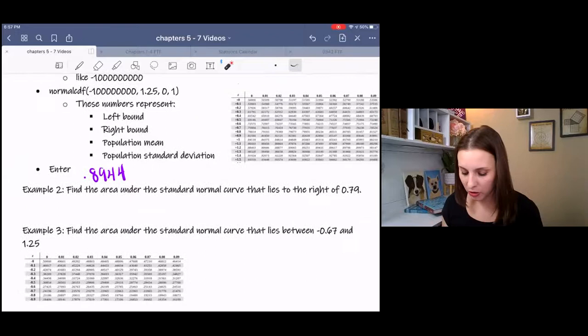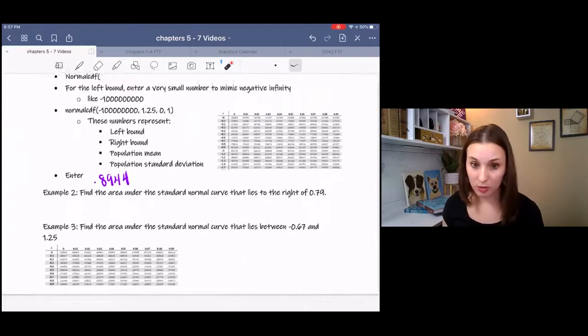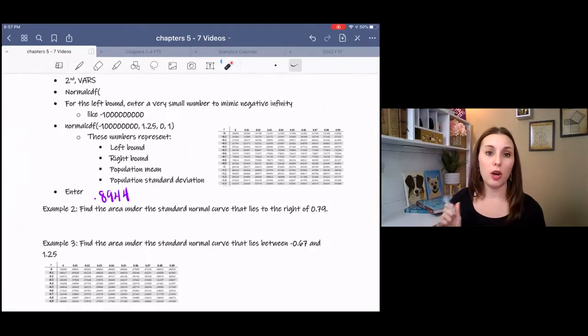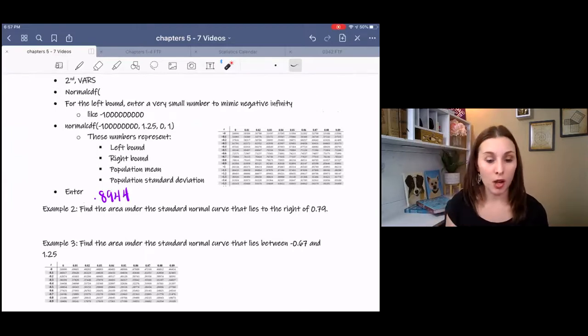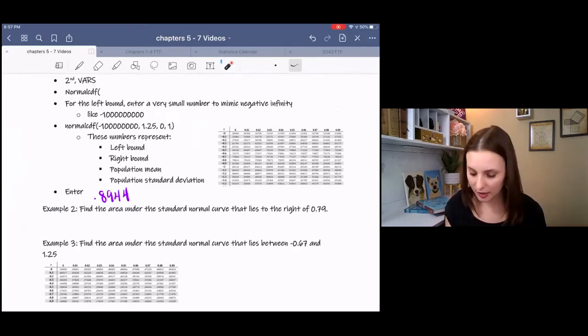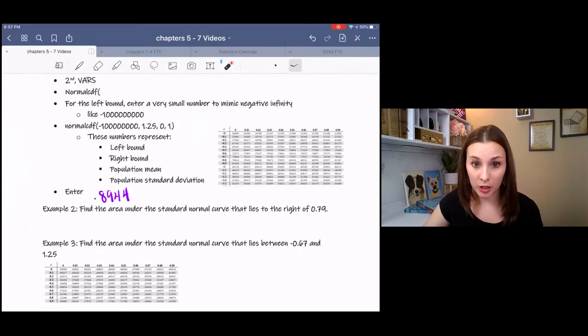Okay. Now find the area under the standard normal curve that lies to the right of 0.79. So I've already kind of talked about what we have to do if it's to the right, because it's the complement. So I want you to pause it and try it. I did put a table. This is not in your notes.